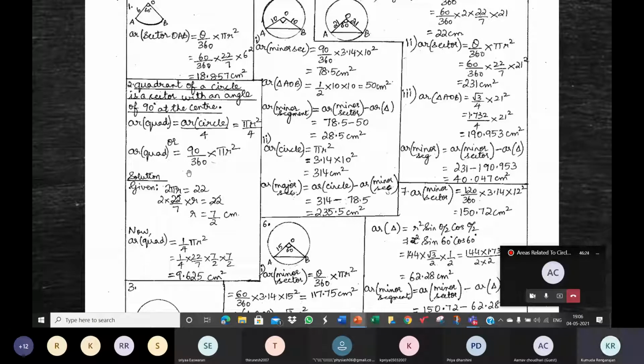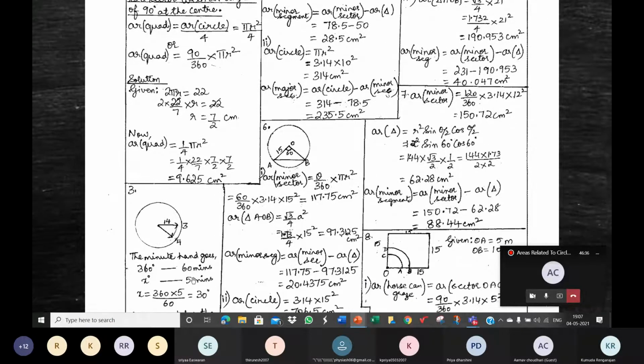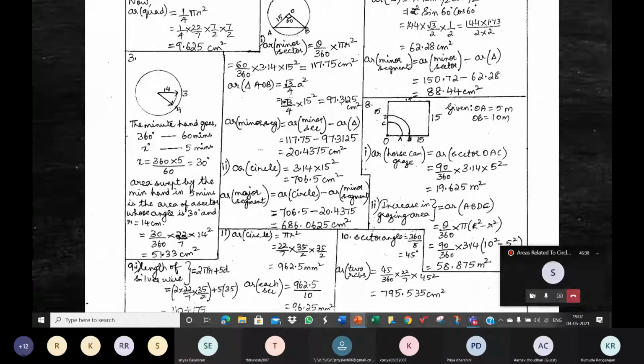That's how we find the area. So we need the value of r. R is not given to us, but the circumference is given to us. So we work the circumference and find the radius. So that's about the second one.